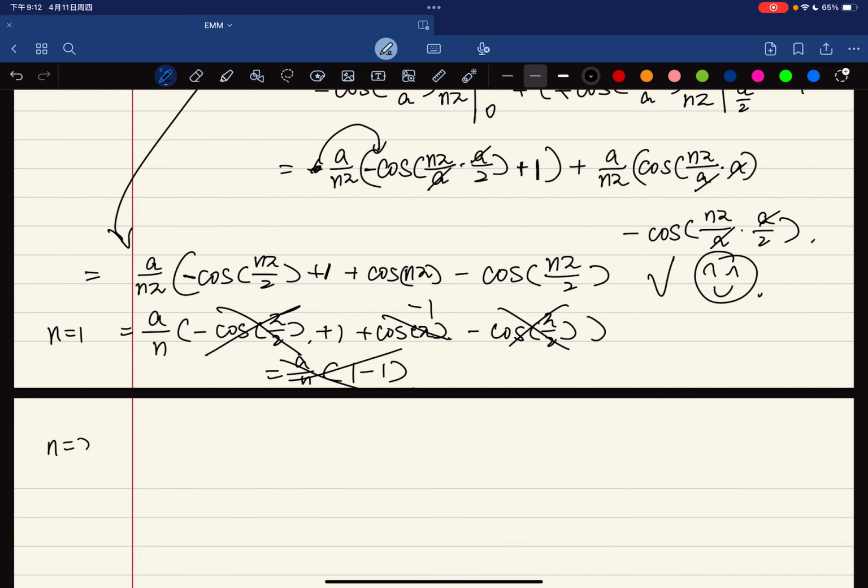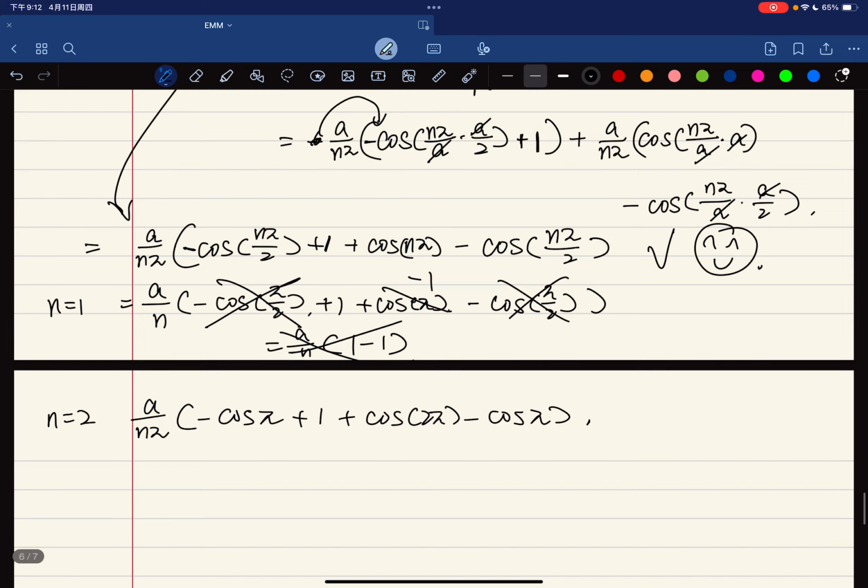What happened when n equals 2? So let me just see. When n equals 2, so this is cosine pi plus cosine 2 pi minus cosine pi. So what is cosine pi? -1, so this is plus 1. Okay, plus 1. Cosine 2 pi is, okay, 1, and this is again plus 1, because minus 1 is equal to plus 1.